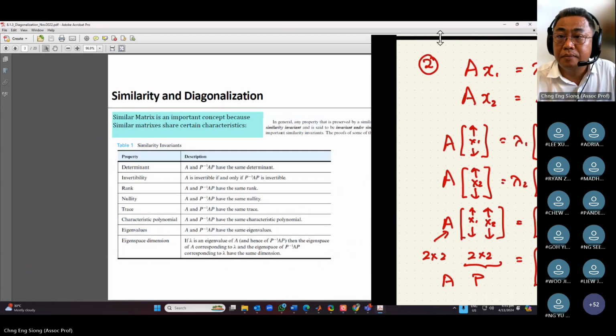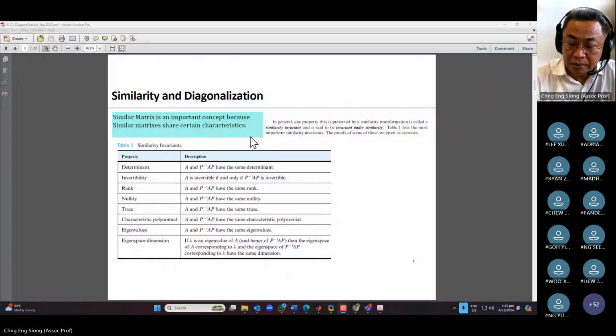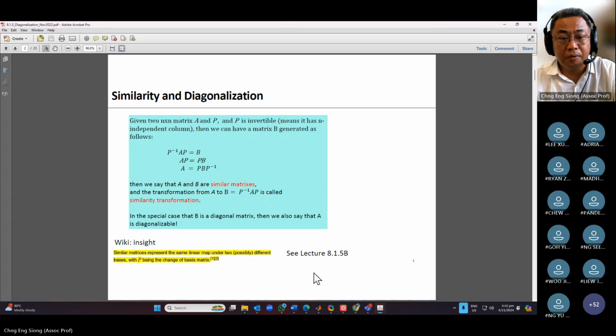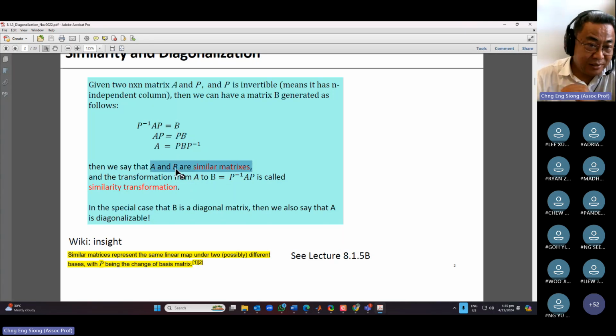Here, in 8.1.3, if I can find a matrix P such that A can change into P B P minus 1, whatever P is, whatever B is, then B and A are related.